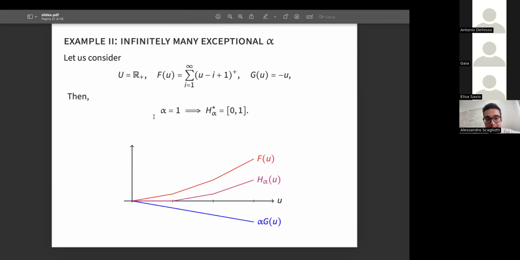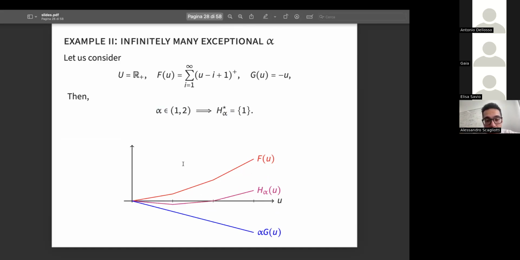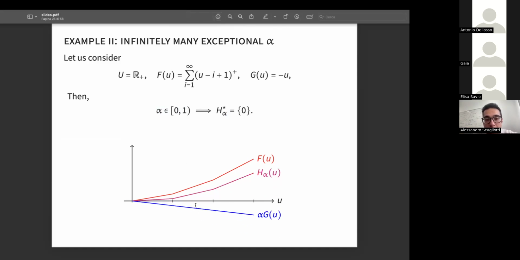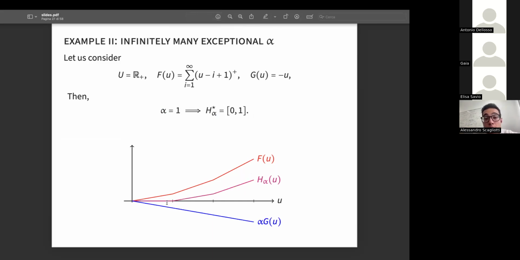Then when alpha is equal to 1, the slope of alpha g is aligned with the slope of f in the first interval, and the set of minimizers of h alpha is the whole interval [0, 1]. So we have all these points as minimizers. Of course, in this case, the trade-off invariance principle is violated because the function g is not constant on the interval [0, 1].